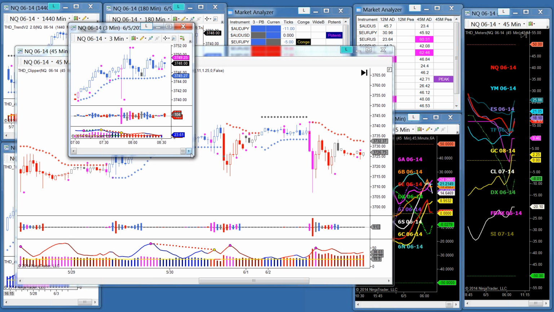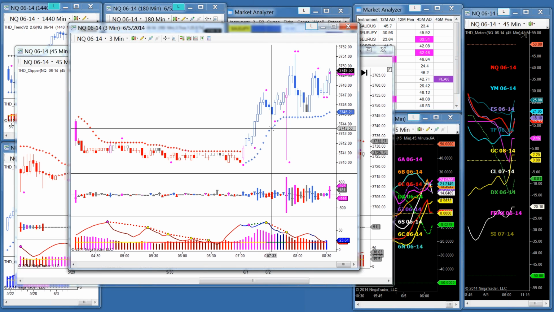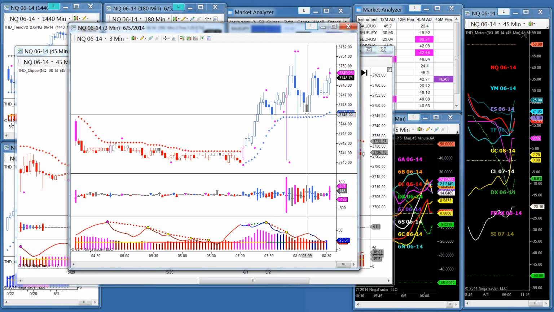I don't want to do it on a 45-minute. Let's say your trading plan said you would enter one contract here, okay? You could also add another one when this pulled back to the ATR, did not break it. You could have entered another one here. It's however you want to do it, really.